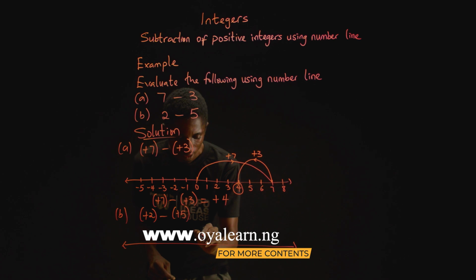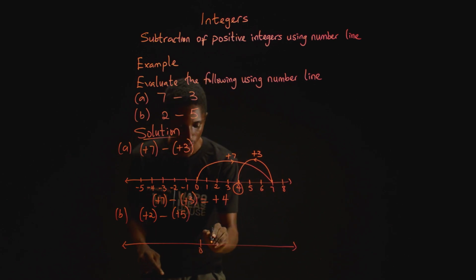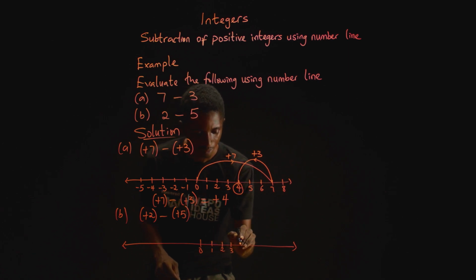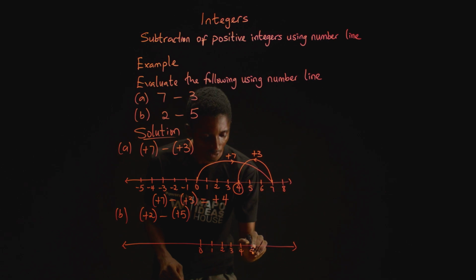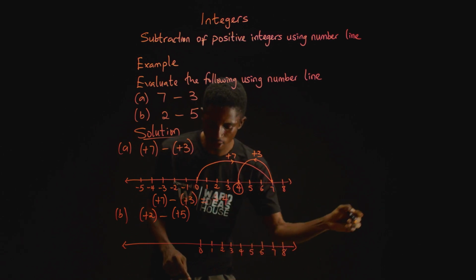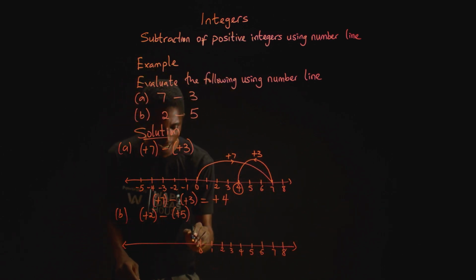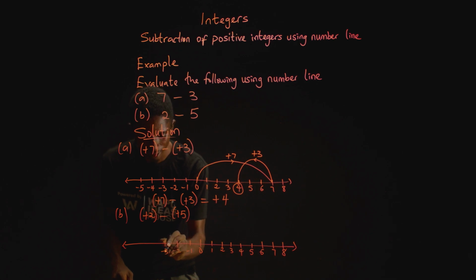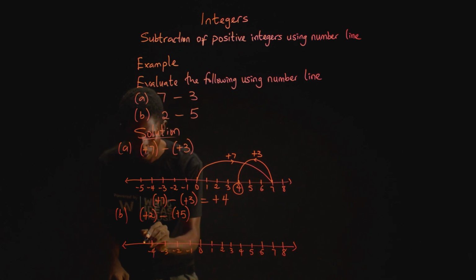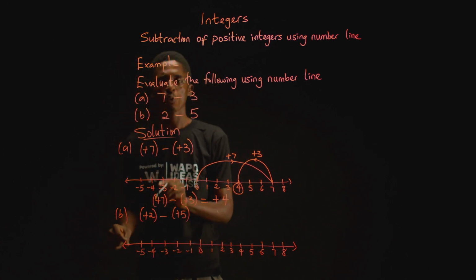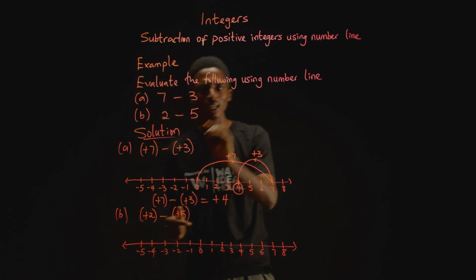On the number line, you indicate 0, 1, 2, 3, 4, 5, 6, 7, 8, and so on. And then to the left hand side we have minus 1, minus 2, minus 3, minus 4, minus 5.